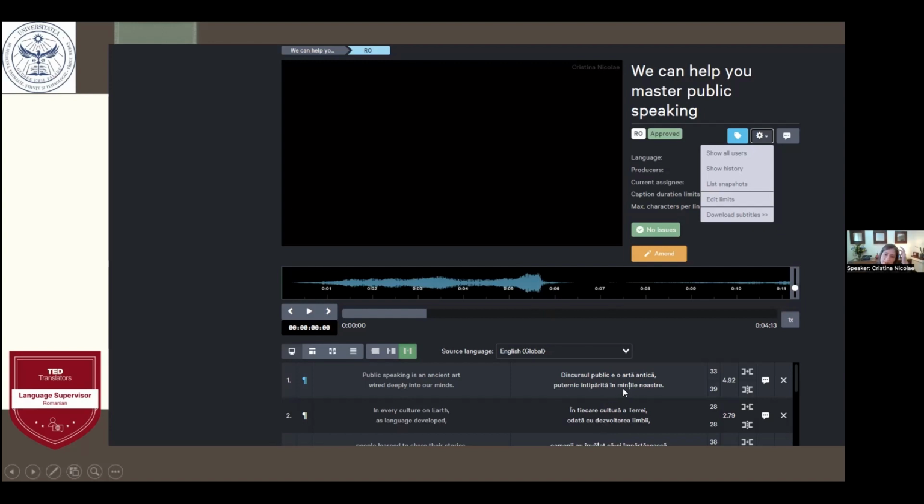Another feature in using this platform, which is a free to use platform once you are a TED volunteer, is the fact that if they do not follow the requirements of the audiovisual medium, that is 42 characters per line, spaces included, punctuation marks included, 2 lines only for each frame, a certain reading speed, then you get a warning here, a reddish warning, telling you what's wrong with your subtitles.